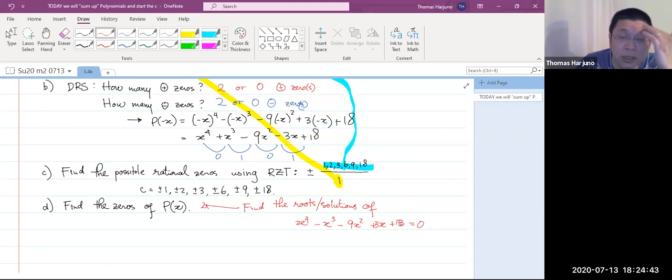Finding the zeros of this P of x is basically finding the solutions of that equation.